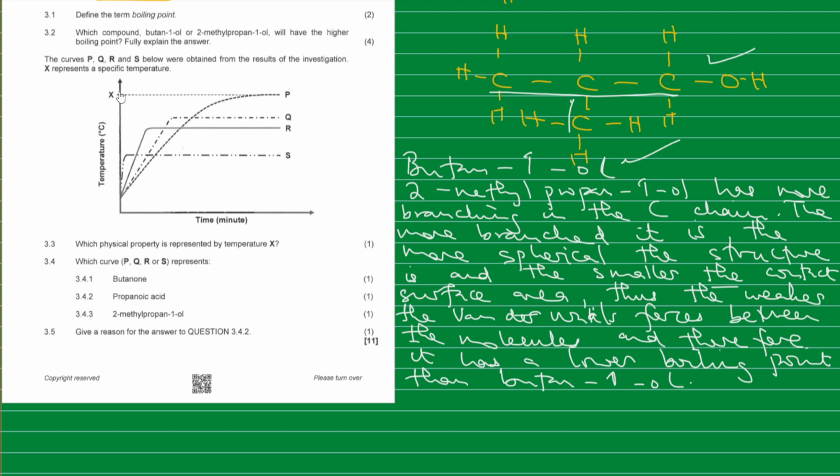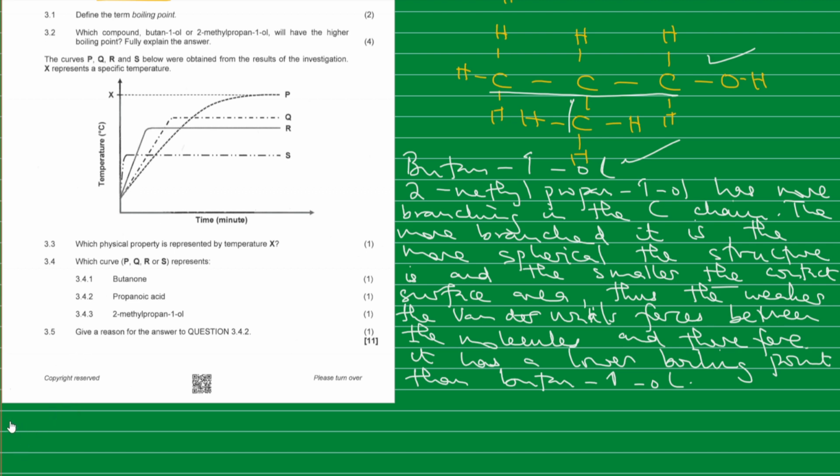So when we take the time versus temperature coordinates, and you identify that your temperature remains constant, at that stage the substance has reached a boiling point. So we are simply saying that X here is representing the boiling point of compound P. Why? Because our temperature at that stage is remaining constant.